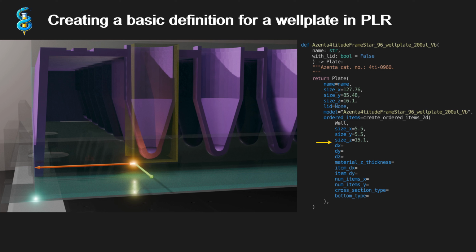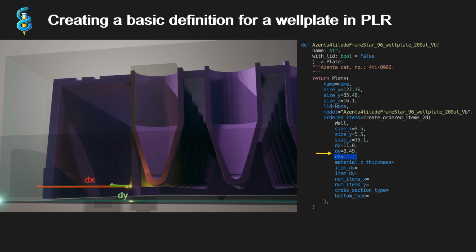This information is given in the attributes dx and dy for the x and y dimensions respectively. Note that we do not measure from the well center, which stands in contrast to some other research management systems that you might have encountered in the past. Instead, always ensure that you measure the well's front left bottom origin to the plate's front left bottom origin.